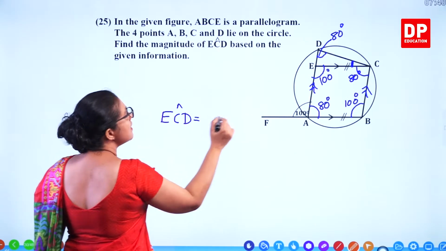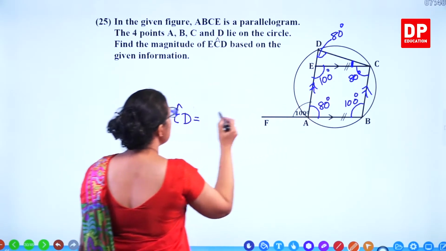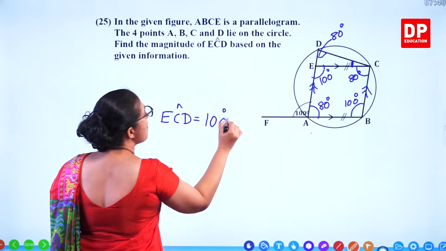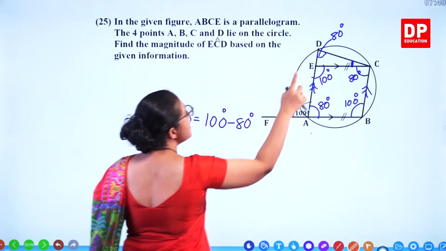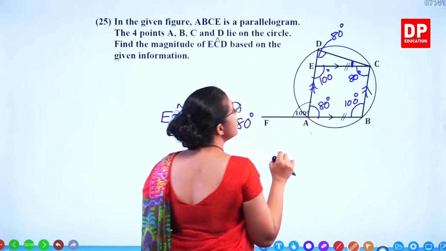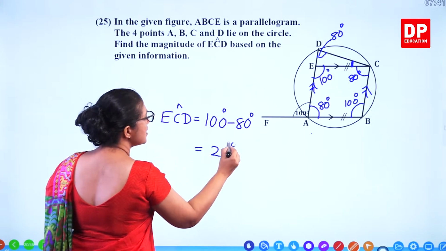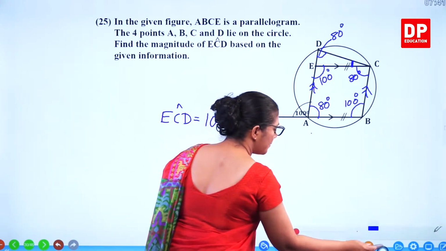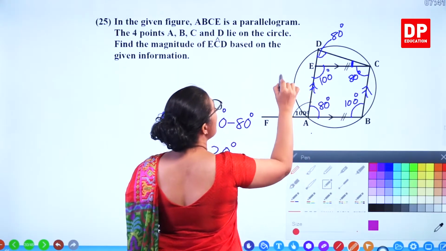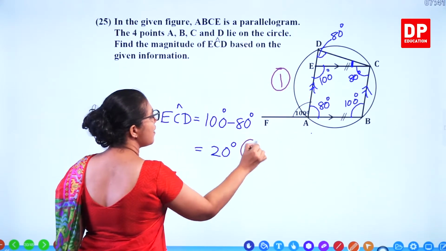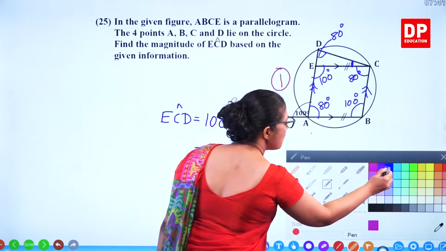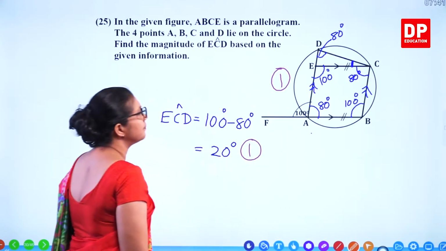The angle is 100 minus 80, because the interior angles add up to the exterior angle. So this becomes 20 degrees. So 1 mark for identifying this and 1 mark for the final answer.